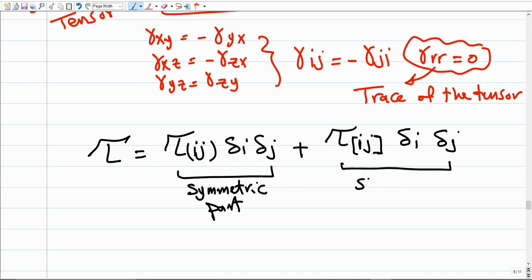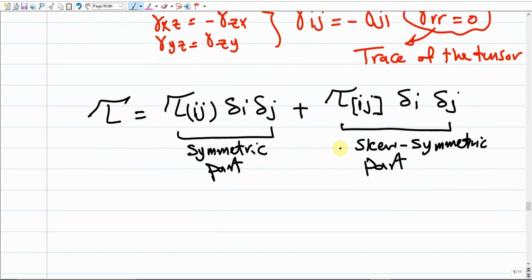This is the skew-symmetric part. Make sense? So we are going to use the parentheses to refer to the symmetric part of a tensor and the square brackets to refer to the skew-symmetric part of the same tensor.